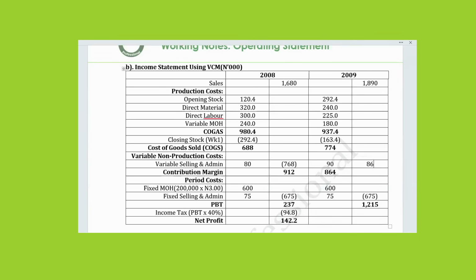So 864 minus 1890. What do you have? 1026. 1026 minus 675. 351. 351 multiplied by 40%.